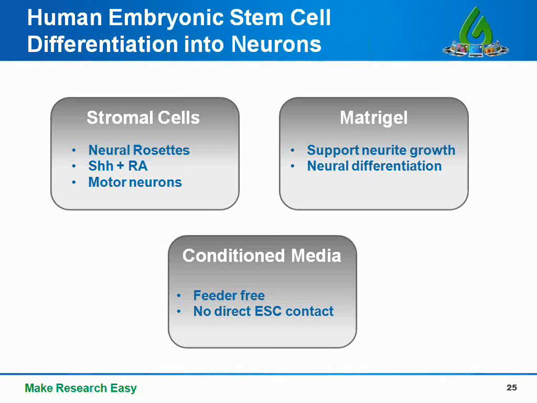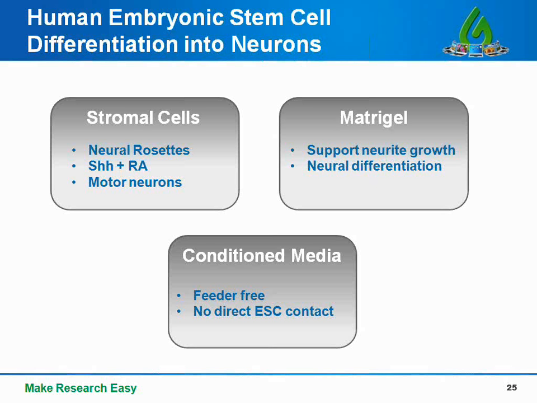Now the top right box highlights the use of Matrigel as an extracellular culture system that supports the differentiation of human embryonic stem cells into neural precursor cells by providing an environment that promotes neurite growth and survival. Now a third option for your culture system is differentiating embryonic cells into neurons using conditioned media.